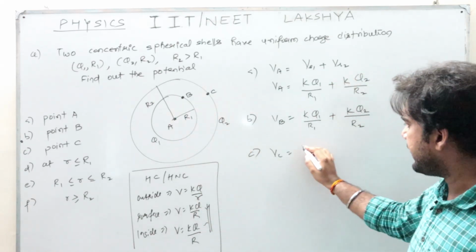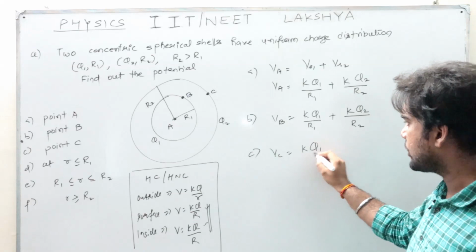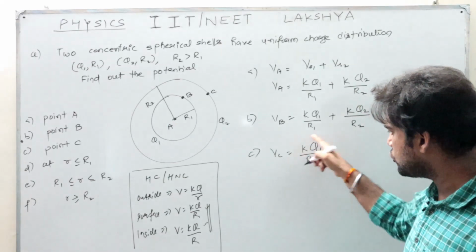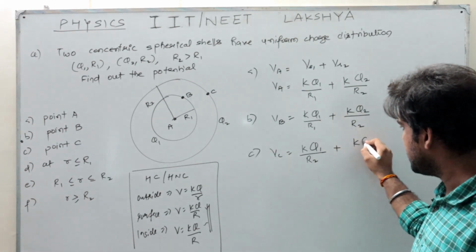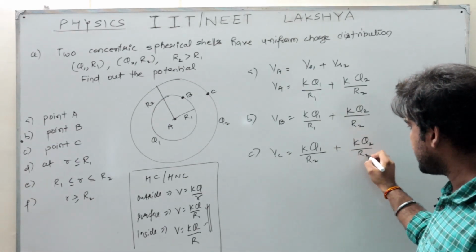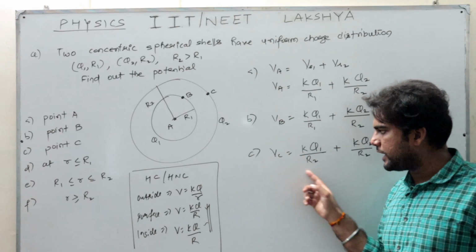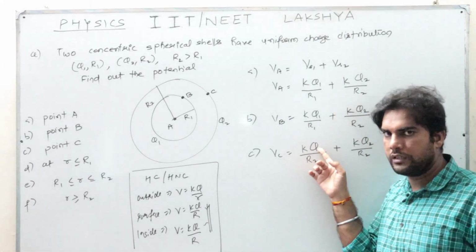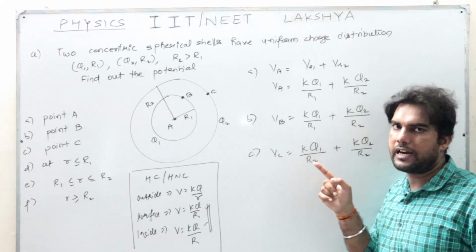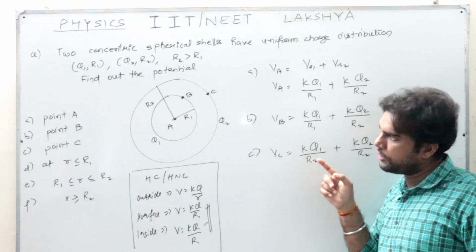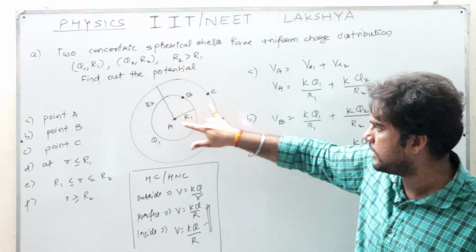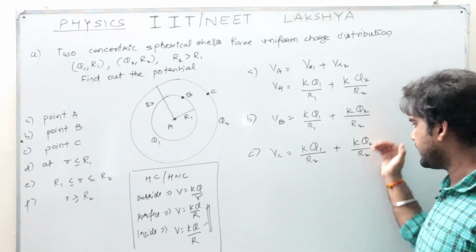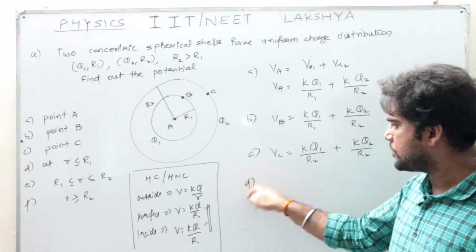So you just observe: kq1 by capital R2 due to sphere 1, plus kq2 by capital R2. Due to sphere 1 it is the outside point, so kq by small r, with charge q1 and small r here being R2. Whereas for the second sphere, it is behaving as a surface point, so kq2 by R2.